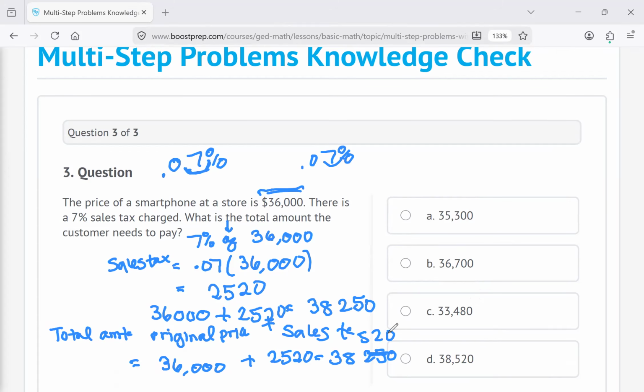Yes, I made a mistake. It is 38,520, not 38,250. It was a simple calculator mistake. So it is D.